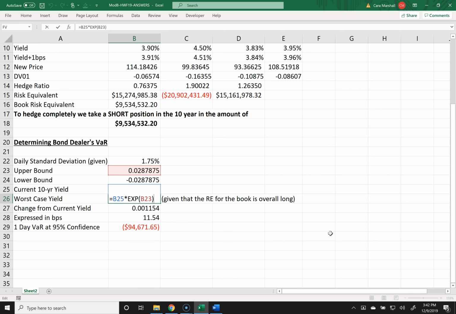Well, the worst case yield, we'd actually be looking at the upper bound here, because since the book risk equivalent is long, right? The book is long overall. So if rates rise, prices will go down. And so our worst case scenario is if rates rise.